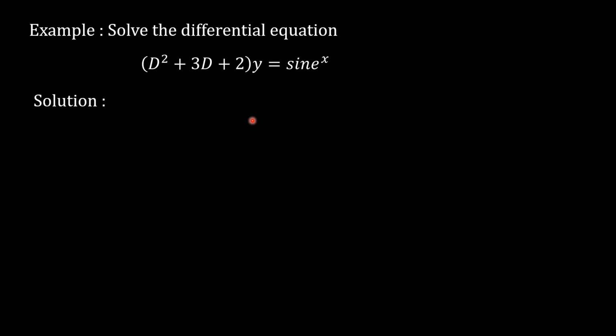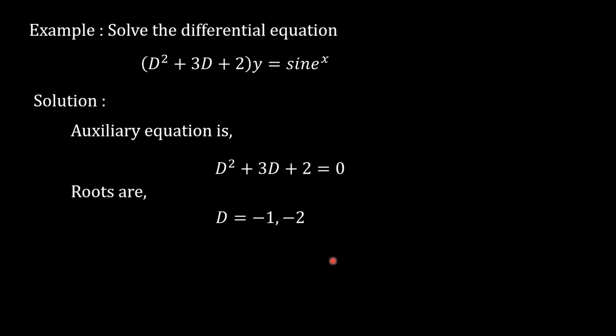First of all, we will try to obtain the complementary function, for which we require the auxiliary equation, which is given by D squared plus 3D plus 2 equal to 0, whose roots are -1, -2, which are real and distinct.